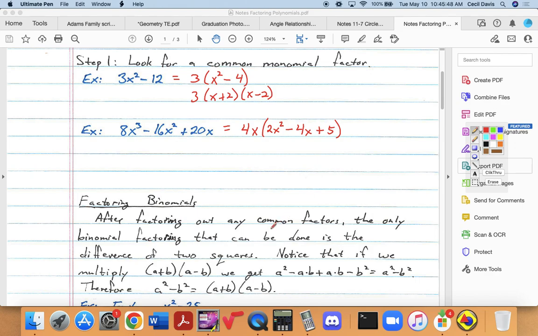Yes? Okay, look at the top equation. Isn't x squared minus 4 still equal to 3x squared minus 12? What is the significance of a 3 on the outside? So we're not doing an equation. We're simplifying an expression.